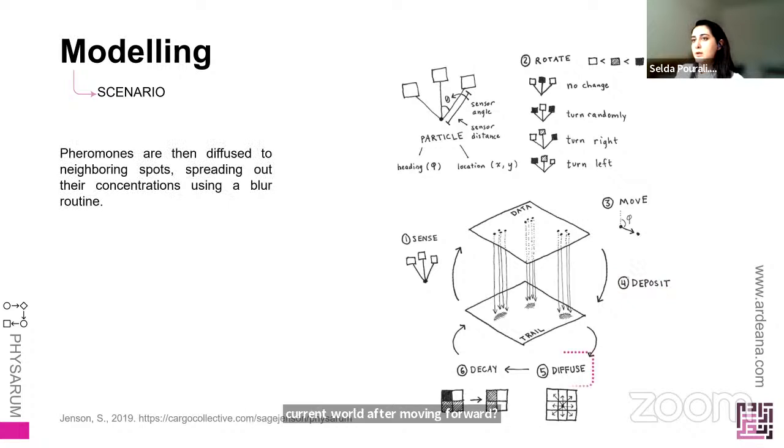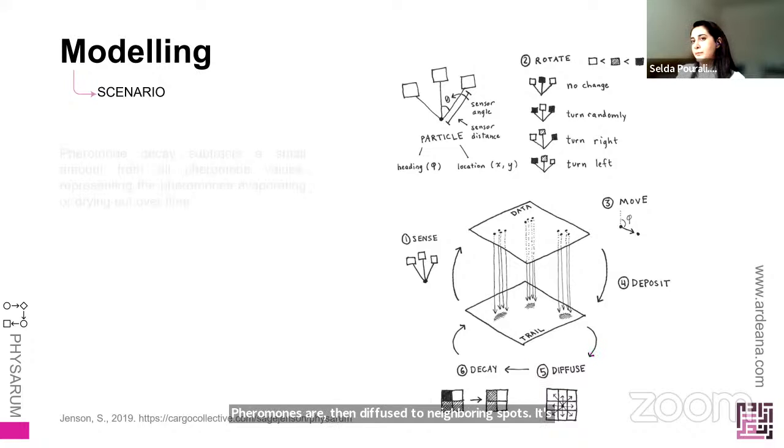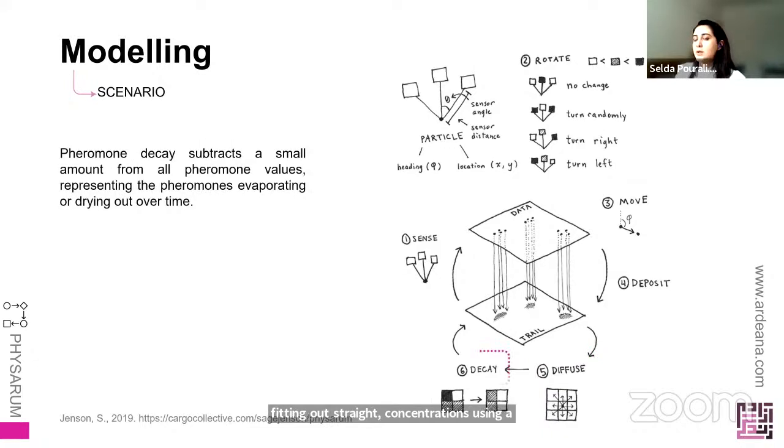Pheromones are then diffused to neighboring spots, spreading out their concentrations using a blur routine. And finally, pheromone decay subtracts a small amount from all pheromone values, representing the pheromones evaporating or drying out over time.